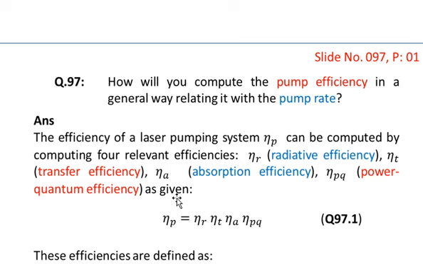So eta P, the laser pumping efficiency, is equal to the product of the four efficiencies, eta R, eta T, eta A, and eta PQ.